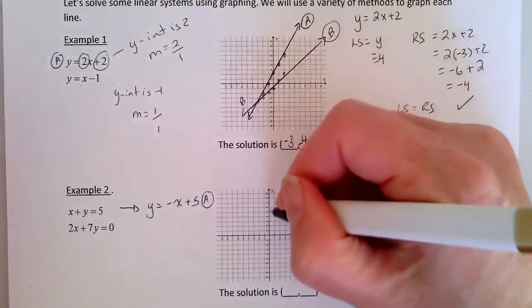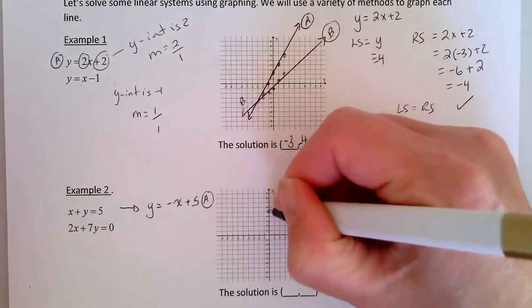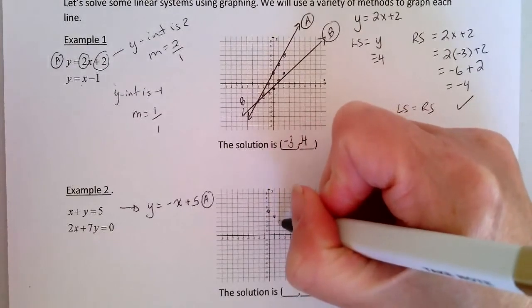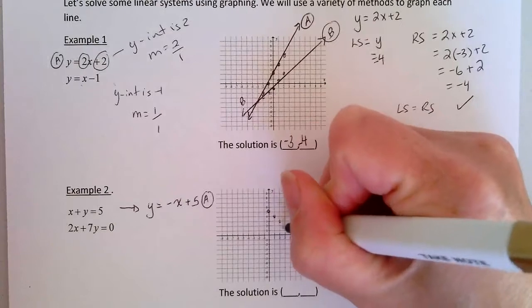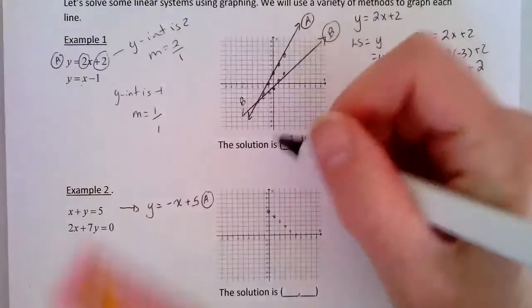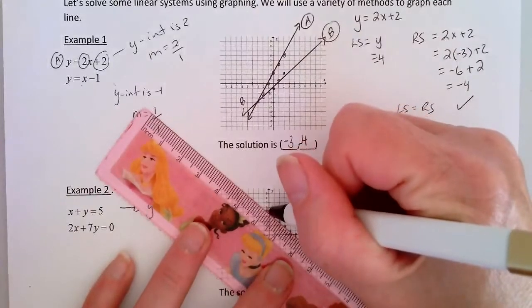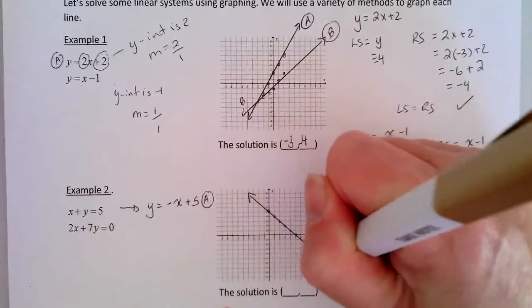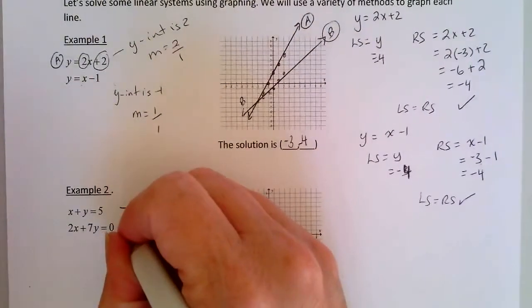So our y-intercept is at 5, and we have a negative slope. So down 1 over 1, down 1 over 1. And so there's our line for A.